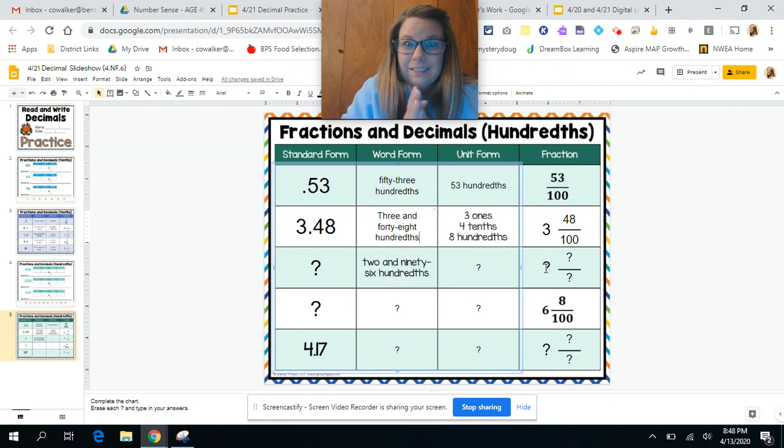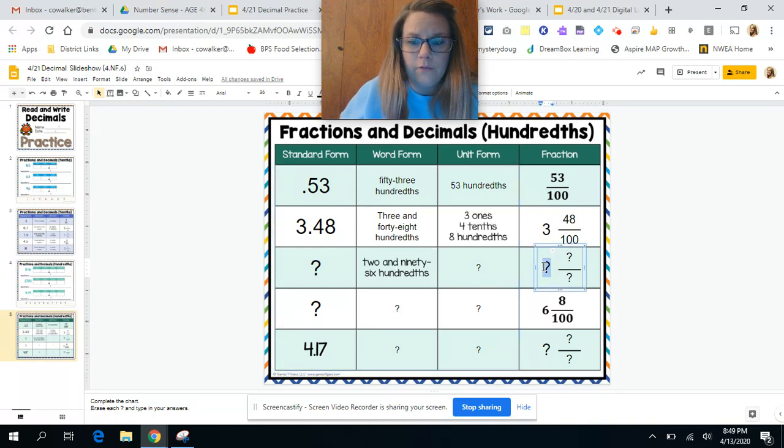Okay, let's get started. So this one says 2 and 96 hundredths. So what does this tell me about the number 2 right here? It should tell me that it's my whole number. So I'm going to go over here to fractions because I like fractions better, and I'm going to put a 2 right there. And it's 2 and 96 hundredths.